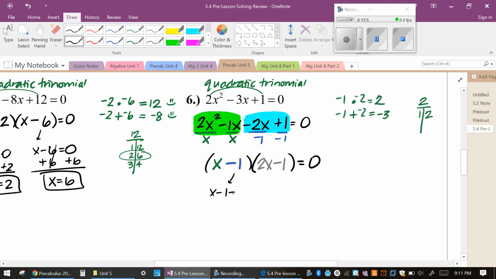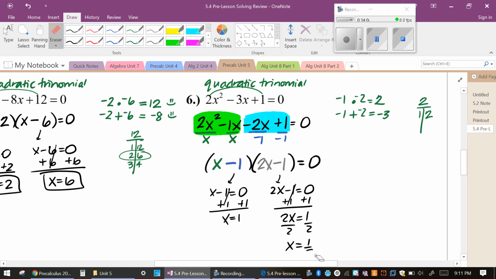After I'm done factoring, I'm going to set each linear term equal to 0. And as you're solving, make sure that you reduce when possible. Because this was a quadratic equation, it could have up to 2 solutions.